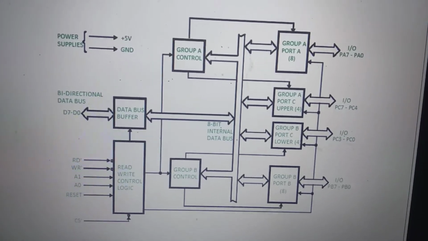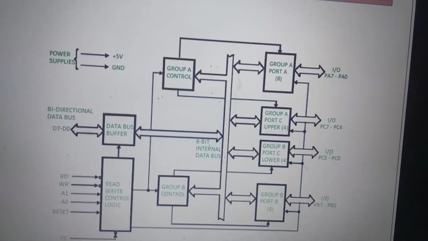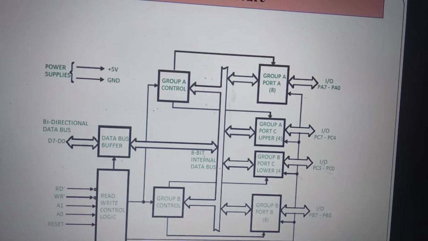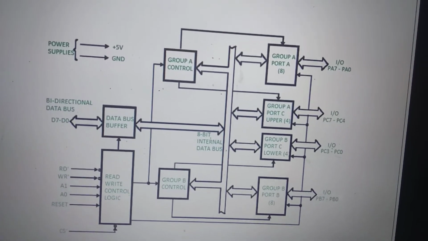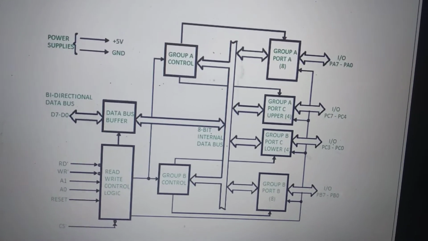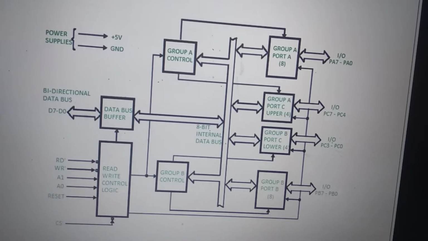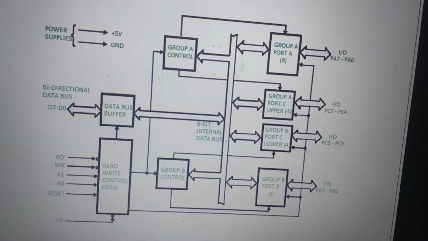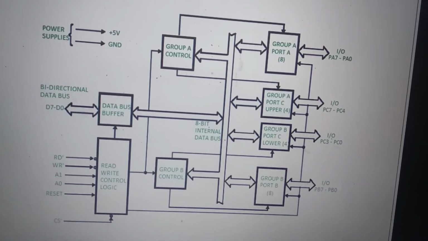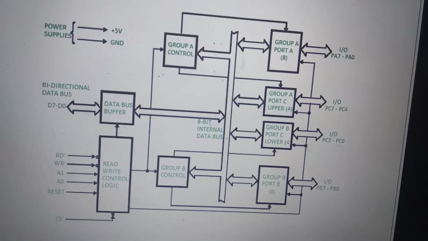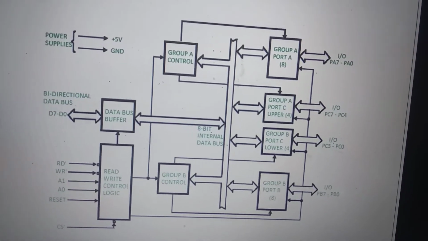As we know, a digital port data line can be configured as input or output. So why is it called a programmable peripheral device? Depending upon the requirement of the user, each port can be configured as either an input port or an output port by writing some particular format, some particular register content.